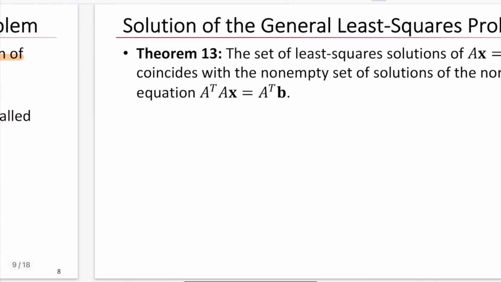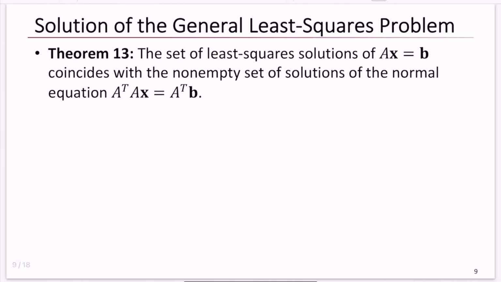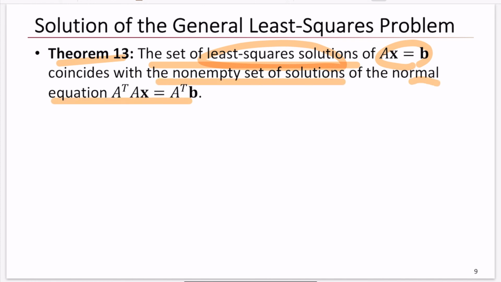Right. Okay. So, in other words, in Theorem 13, the set of least squares solutions of AX equals B coincides with the non-empty set of solutions of the normal equation A transpose A X equals A transpose B.